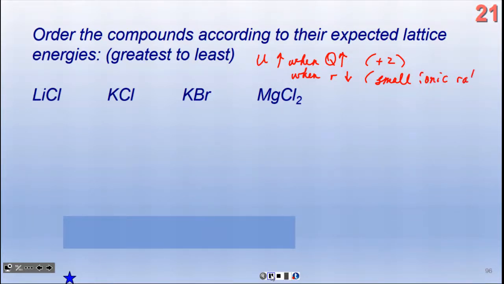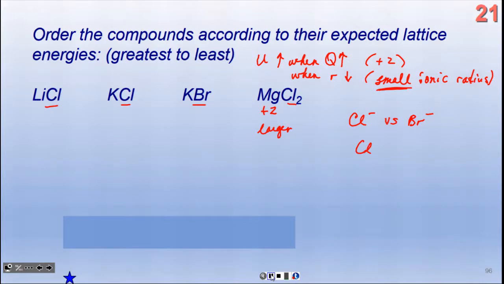That's what we're thinking about, ionic radius. All right, so on these 4 choices, the ones that are going to have the largest lattice energies have to have larger charges. Well, most of these things look like singles except for magnesium. So that's a +2 ion, and therefore it's going to give it a larger lattice energy. Okay, that puts it on the larger side. And then comparing chloride to bromide, which one is going to have the smaller ionic radius?